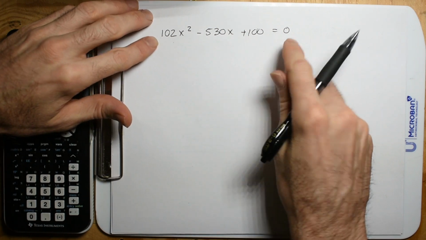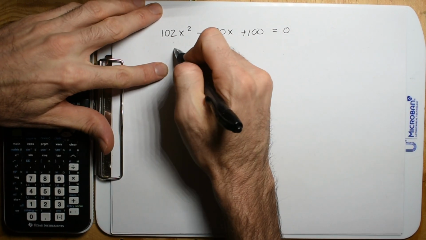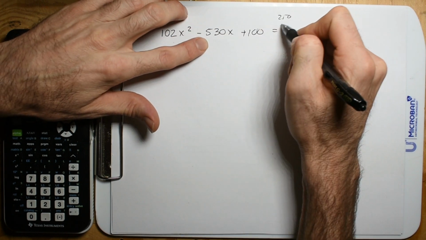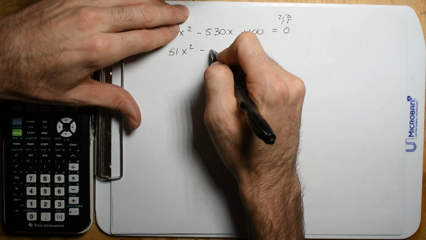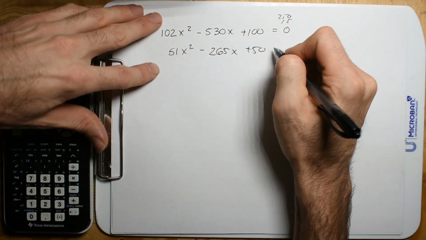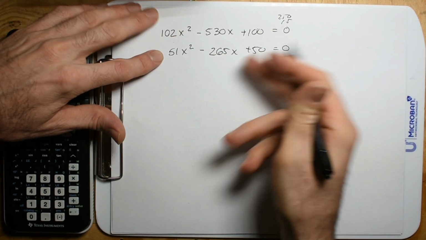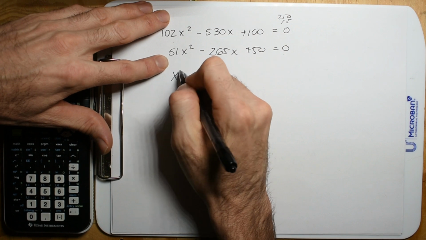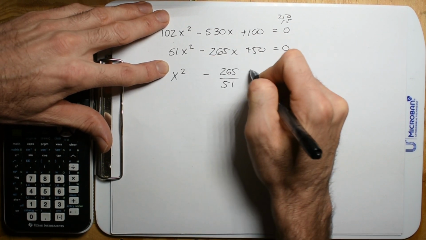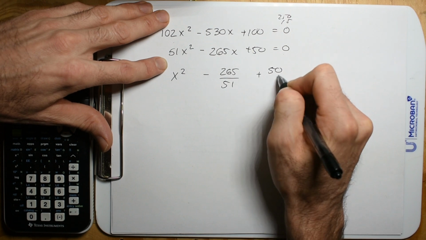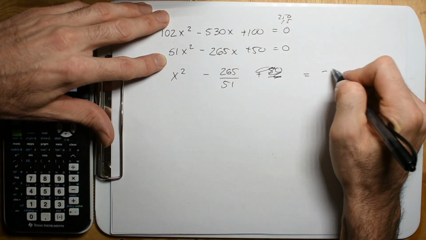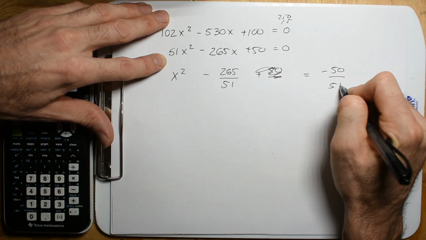Is there anything that we can... Alright, so this is going to be 51x squared minus 265x plus 50. So I just divided everything by 2. I can't factor anymore. So now I'm going to get x squared minus 265 divided by 51 plus 50 divided by 51. Just get this over to the other side. So minus 50 divided by 51.